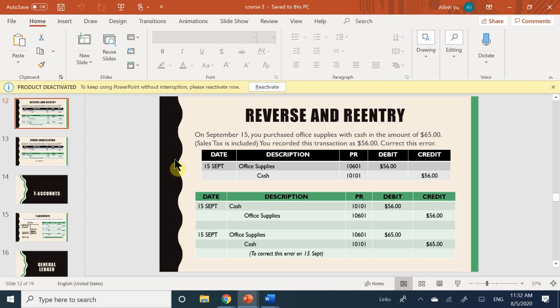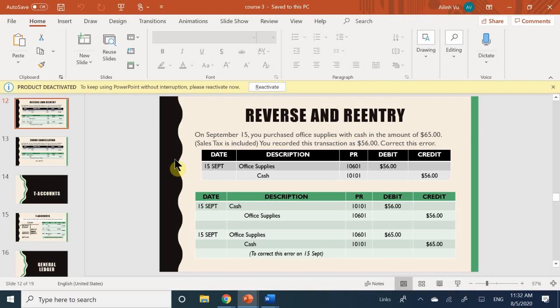I had a student who didn't understand why we need to reverse the transaction. It didn't make any sense to her why we needed to return the items, or what the reversing entry does.